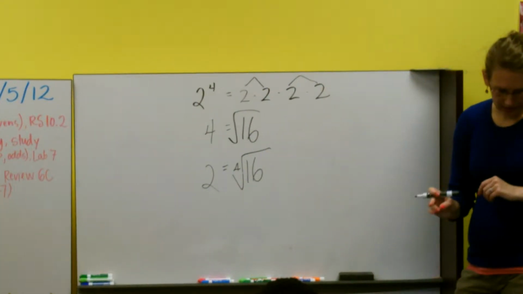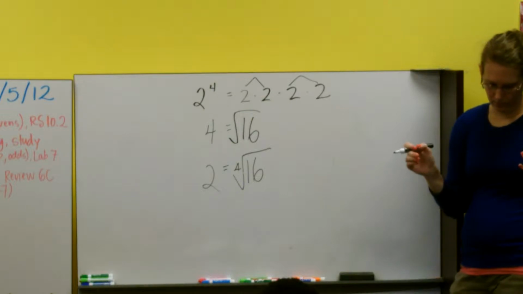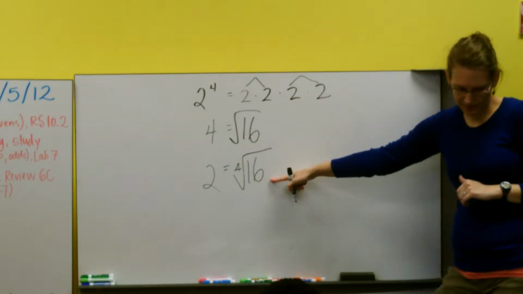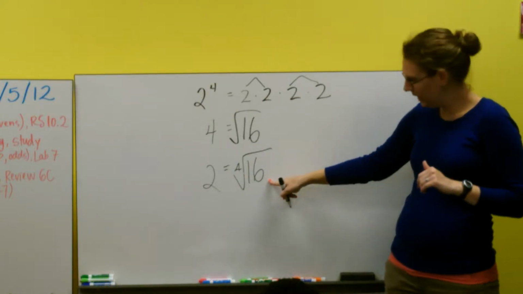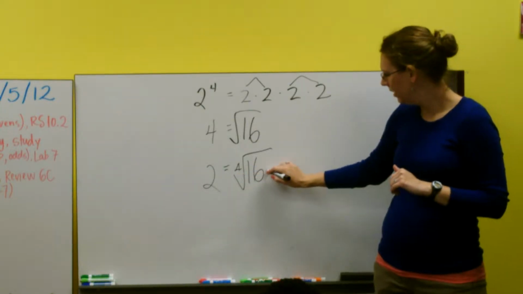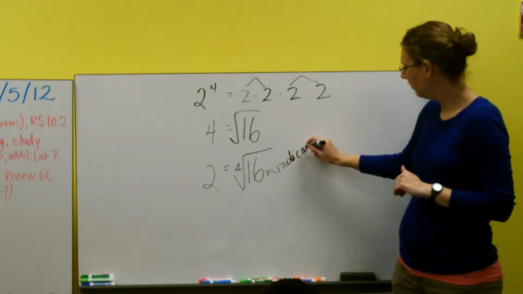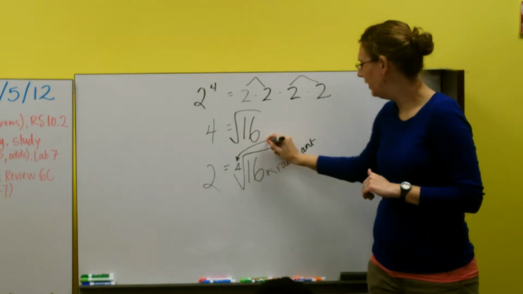Alright, so 16 in this case is the radicand, and 4 here is our index. So we have our radicand and our index.